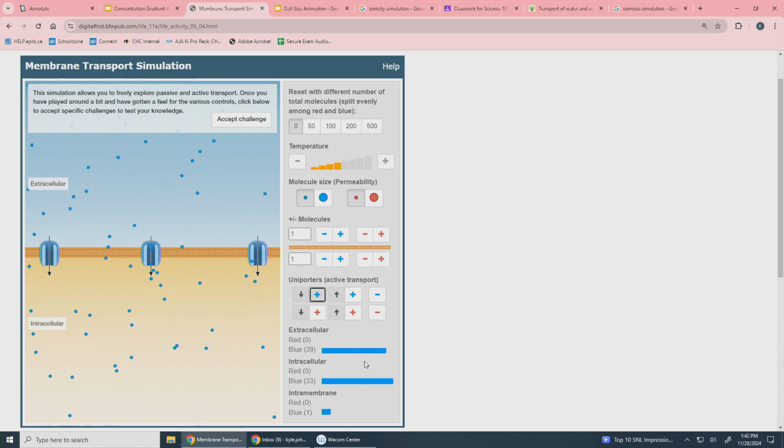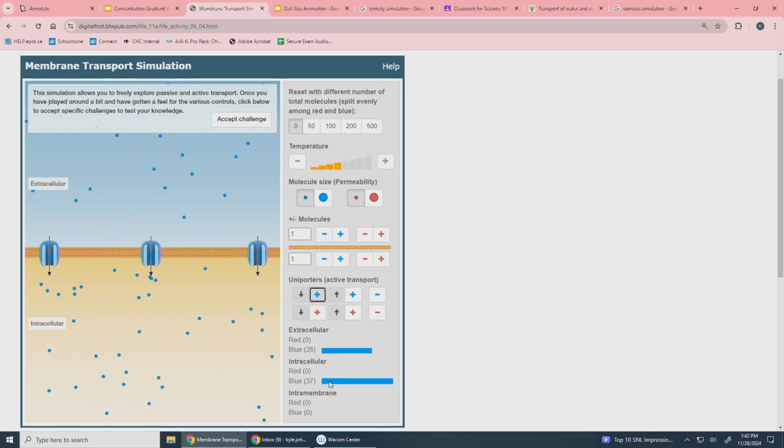Now, we don't see that it's making a huge difference here. You need a lot of uniporters to combat diffusion, but you're basically forcing more of these to go to the inside, to the intracellular space. So the overall equilibrium will have more on the inside than the outside.